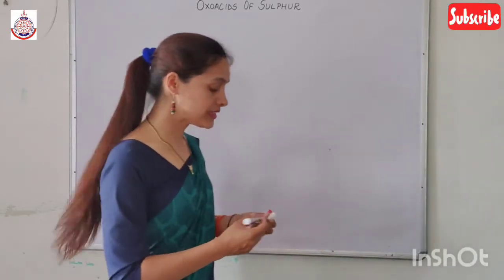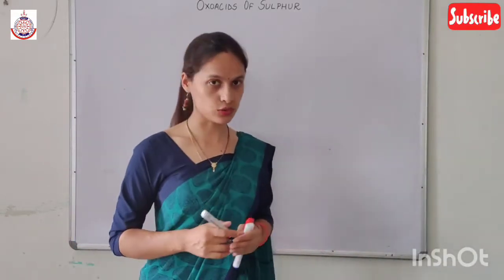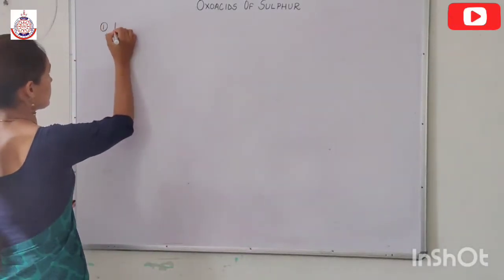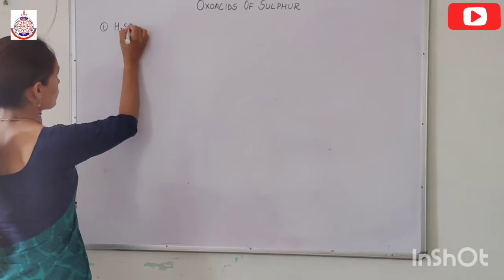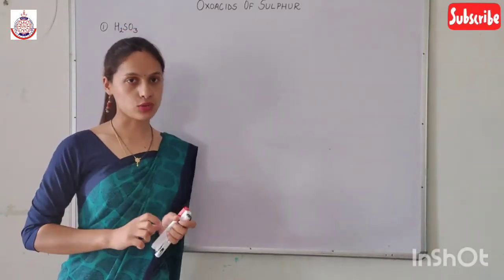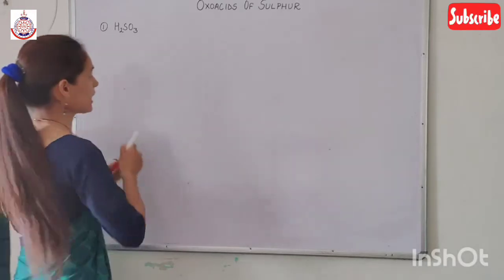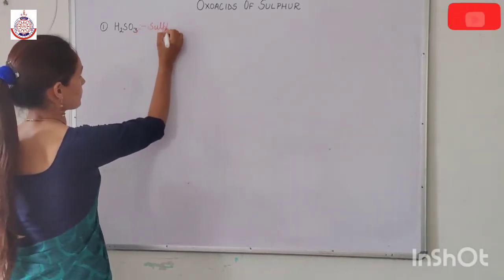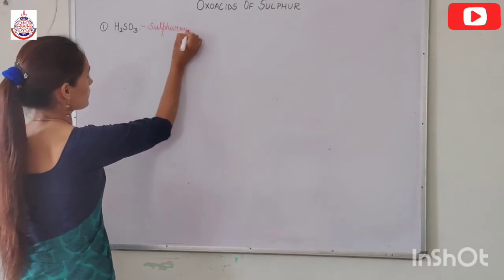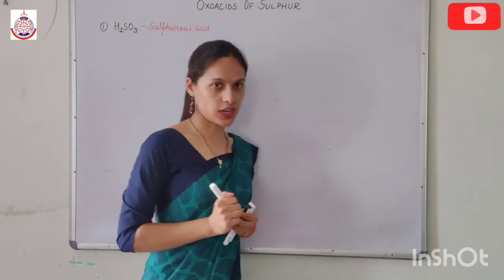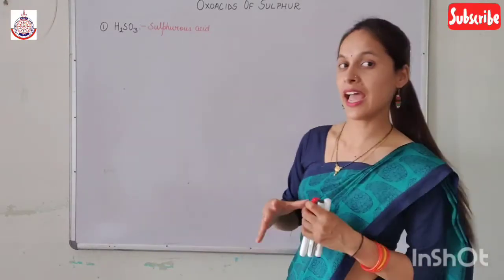We'll start with the simplest oxoacid, the first one, H2SO3. This is the simplest oxoacid of sulfur, and its name is sulfurous acid.